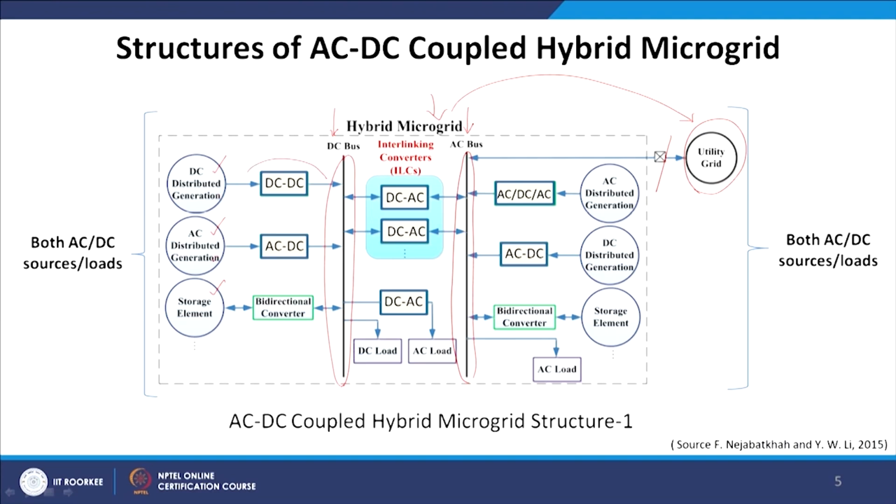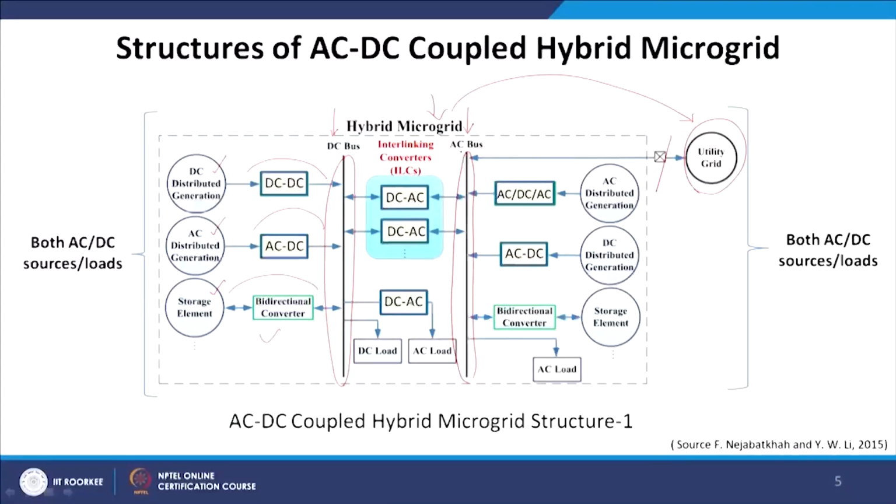AC distributed generation can be connected to my DC bus through AC-DC conversion, whereas the storage element can be connected to my DC bus through a bidirectional converter, because it may have to discharge its energy to the grid when required, as well as it has to charge as and when required. So, that is what bidirectional conversion presence means.